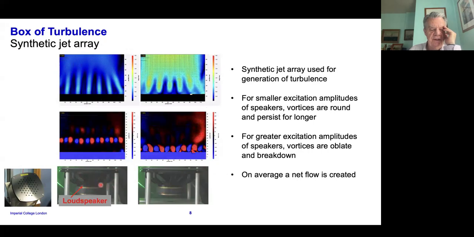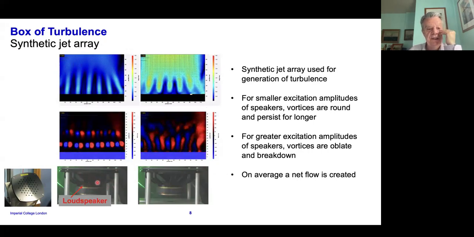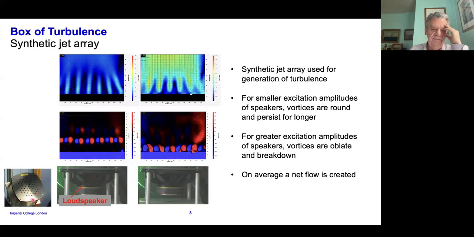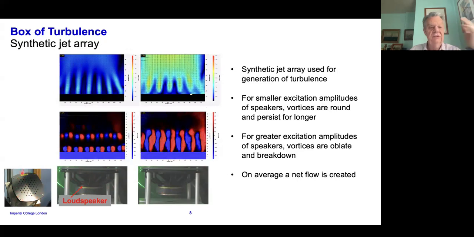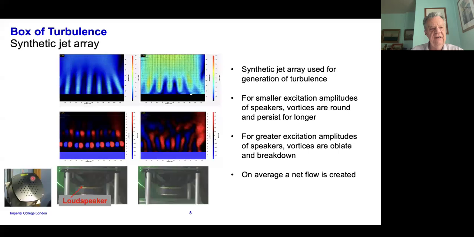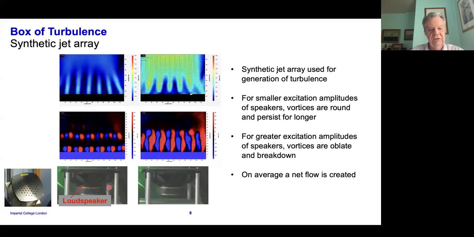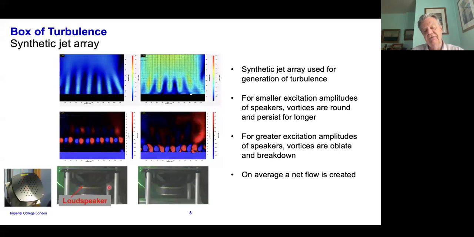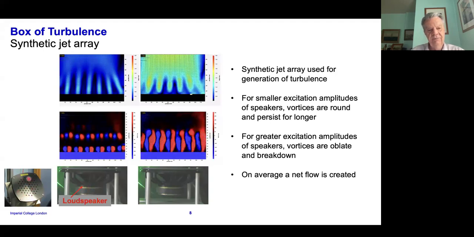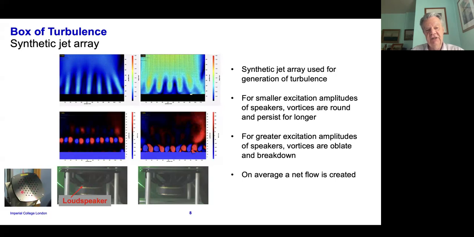So you see the bottom part of the loudspeaker, and on the left-hand side, you see the cover plate, which has multiple holes. So it looks like a sow head. So there are 55 holes. And as you drive the membrane of the loudspeaker, you inject multiple synthetic jets through each one of these plates.